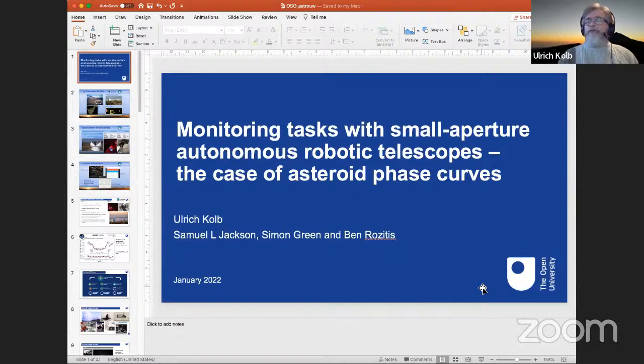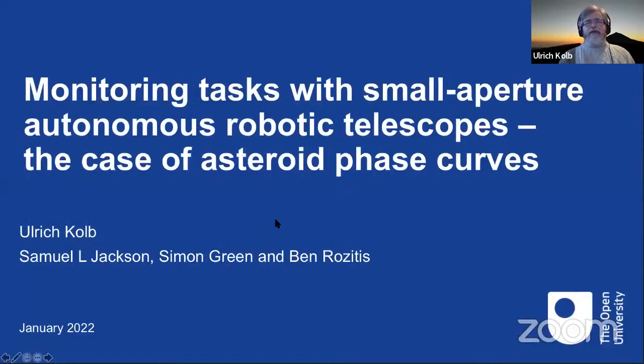And I will put this into a wider context of the setup at the Open University for remote experiments. But for this, let me just start the slideshow and walk through the show.